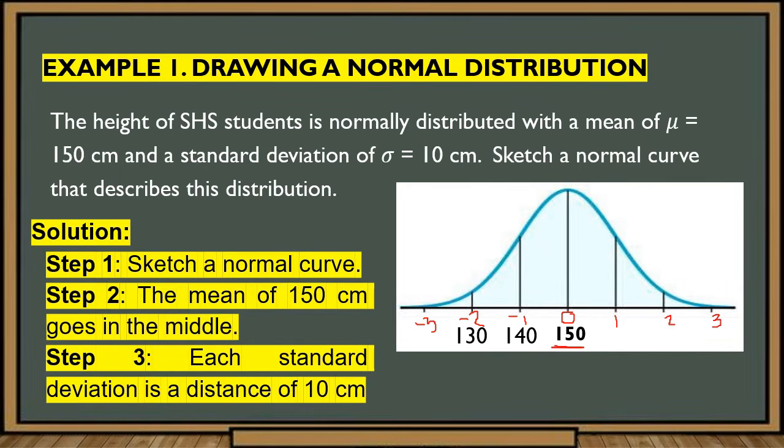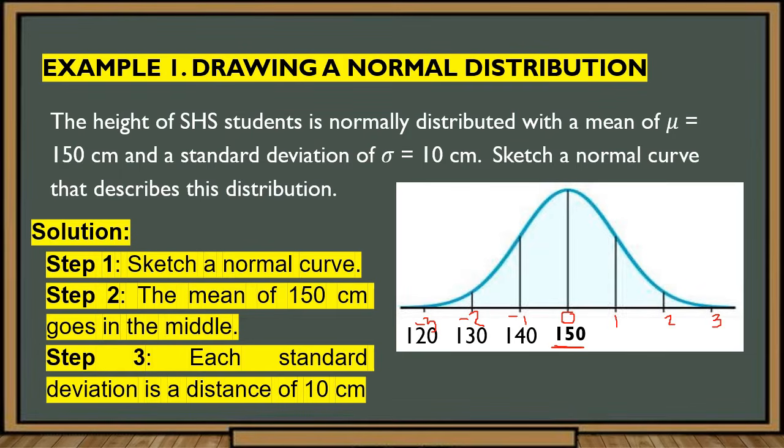And from 130, we subtract 10, so it's 120. Notice that the distance between each value is 10 centimeters. Going to the left, the values are decreasing. We can also say that this is below the mean, so the values below the mean are decreasing.